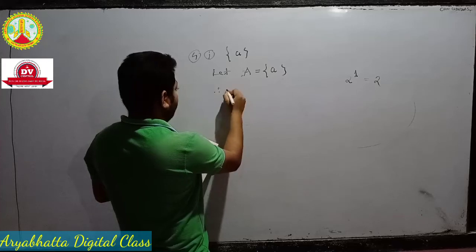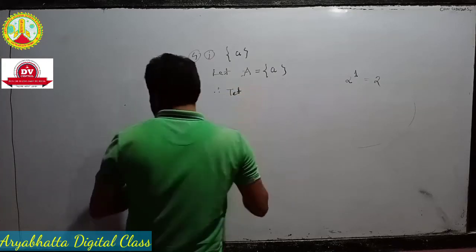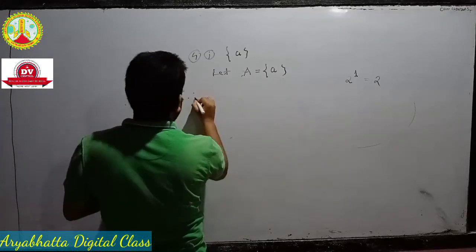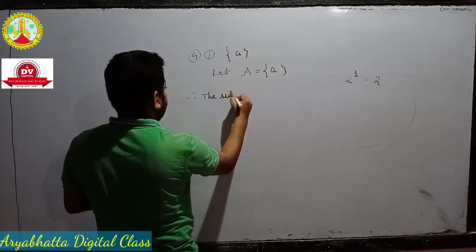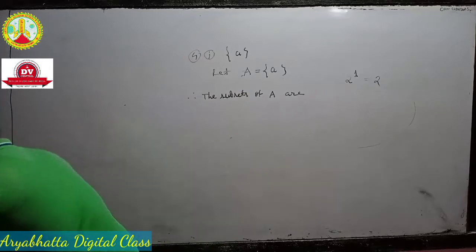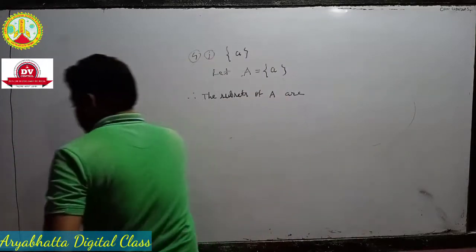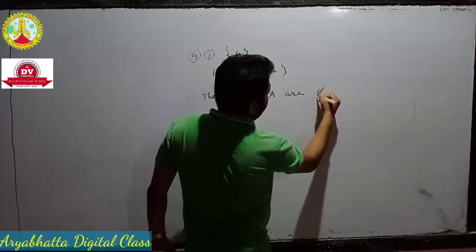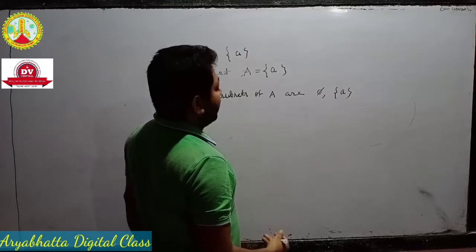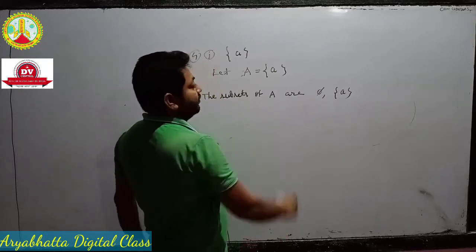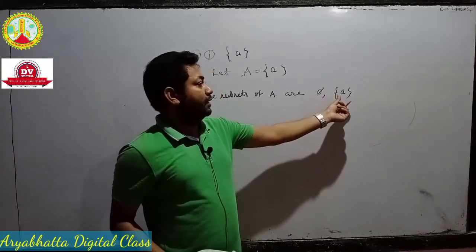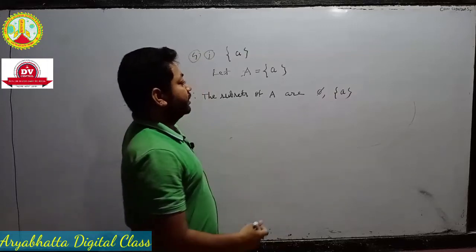Therefore, the subsets of A are phi and set A. We know, from the previous class, that phi is a subset of all sets.